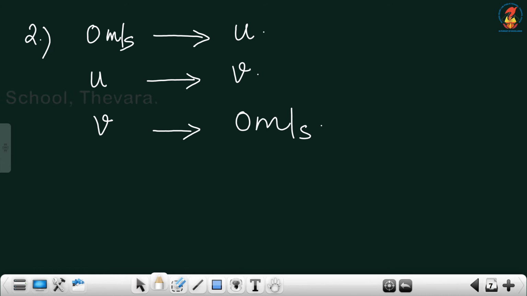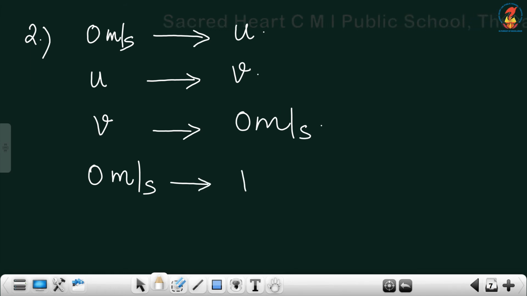Again, the goalkeeper, after collecting it, kicked it towards another player. So, the football which was at rest, when the goalkeeper kicks it, by the application of that force, the velocity will definitely change from 0 to, let it be, v dash.